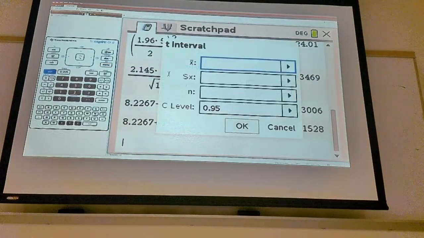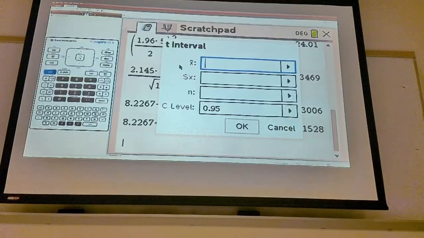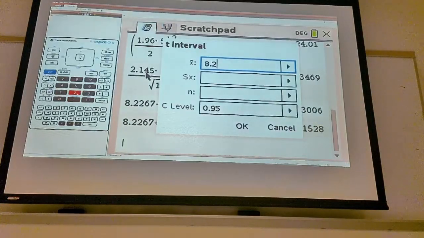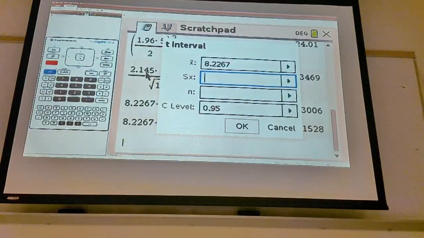X bar was 8.2667, standard deviation was 1.6722, sample size was 15. We wanted the 0.95 confidence.